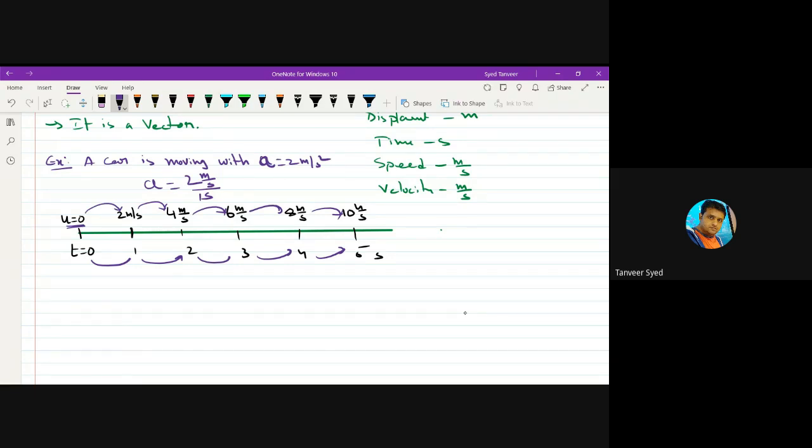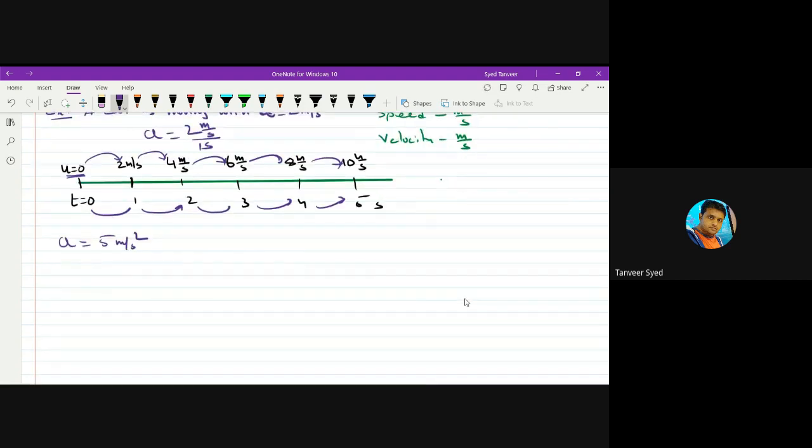If I say that the acceleration of a train is 5 meters per second square, how do you understand its motion? It starts at initial velocity 0.